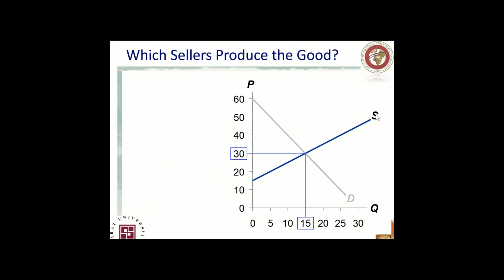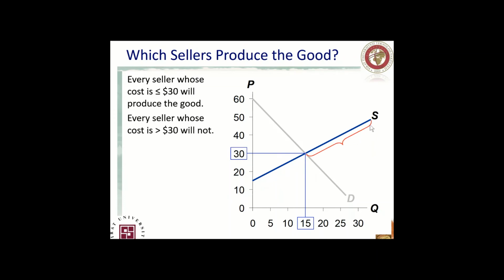Now, what will happen? Let's just discuss the producers. Those with a cost lower than 30 would produce and sell the product, good or service, at a price less than or equal to 30. Those who have a cost higher than 30 wouldn't join the market.